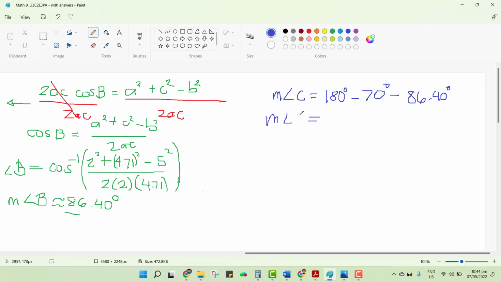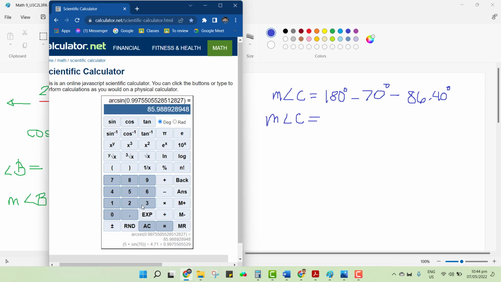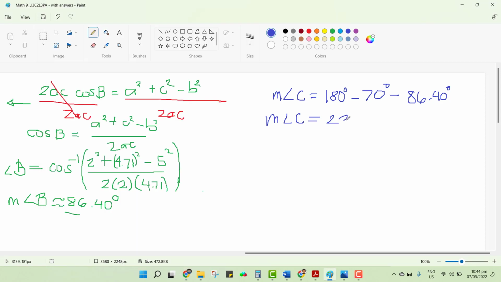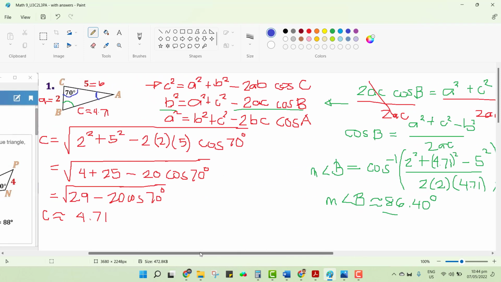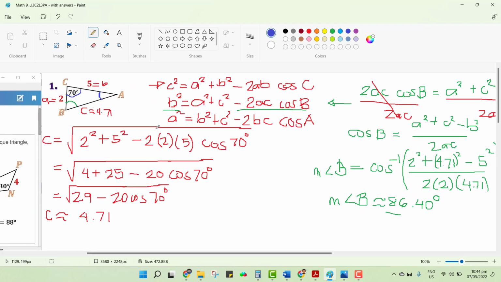The measurement of angle C can now be computed as 180 degrees less 70 degrees less 86.4 degrees, and hence we will have 23.60 degrees. And by the way, before I forget, this is still an approximation since the value of B earlier is also an approximation. So these are the remaining parts for the first triangle undergoing the law of cosines.